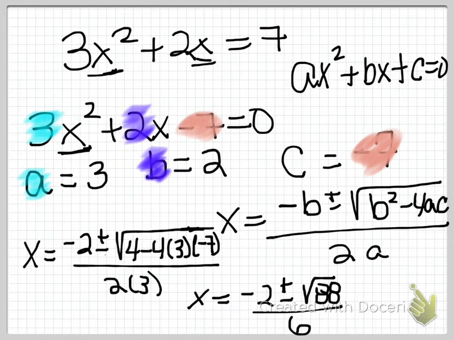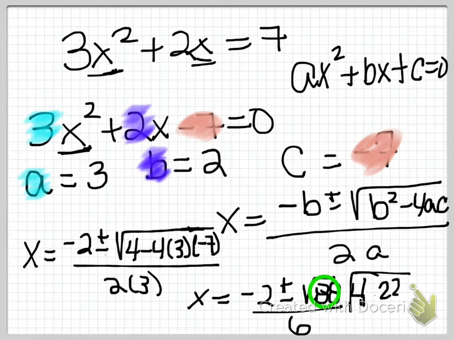Well, what's the square root of 4? 2. So I am going to rewrite this 88 right here as 4 times 22. Yeah?